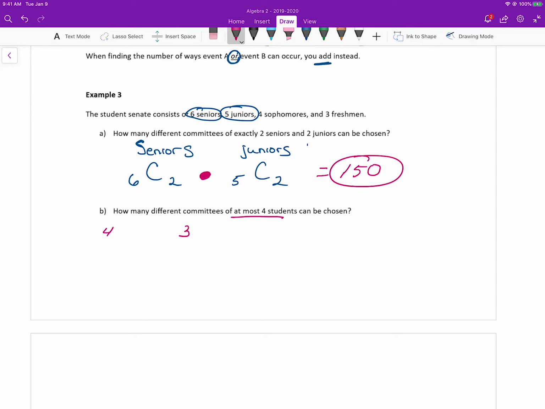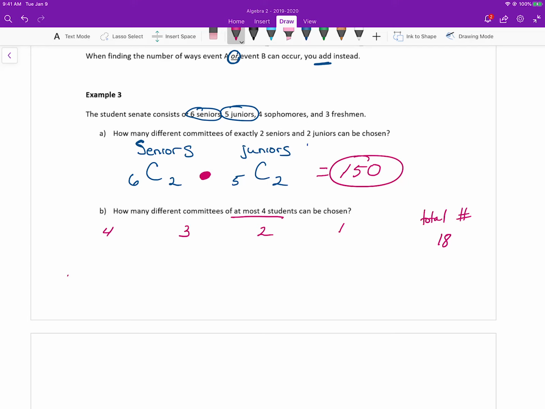We could have a committee with 2 students. And we could have a committee with 1 student. That would be the maximum number of students we could have. So now it doesn't say how many juniors, how many sophomores. So we would need to figure out our total number of students. And if we add up everybody, we have 18 possible students.